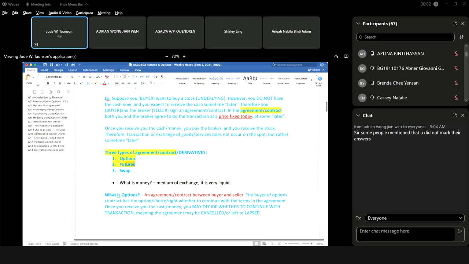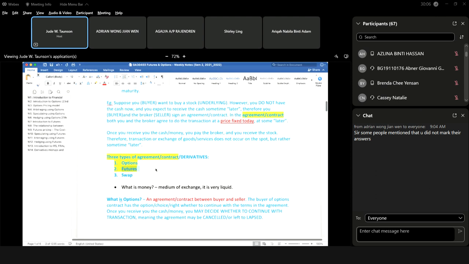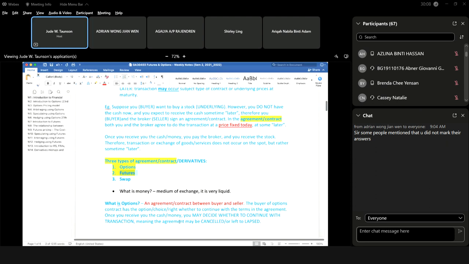So what is the main difference between option and futures? Okay, the main difference is this one. Contoh tadi saya ingin beli saham, tapi saya belum mempunyai wang tersebut. I will have some money maybe next week.